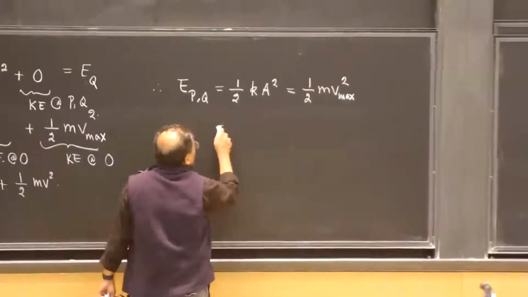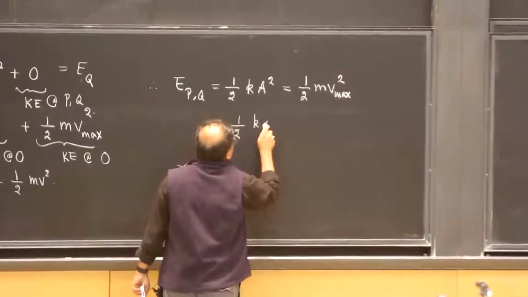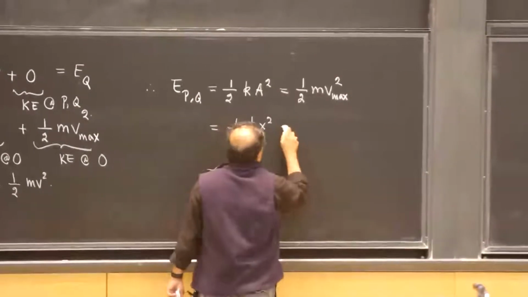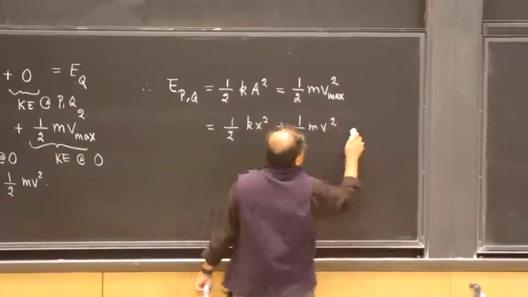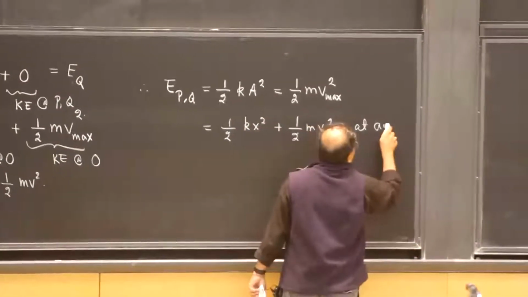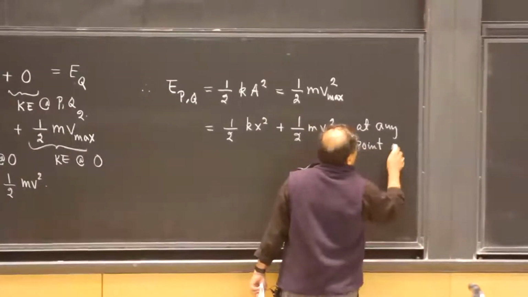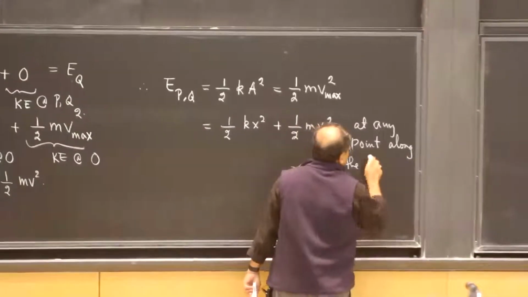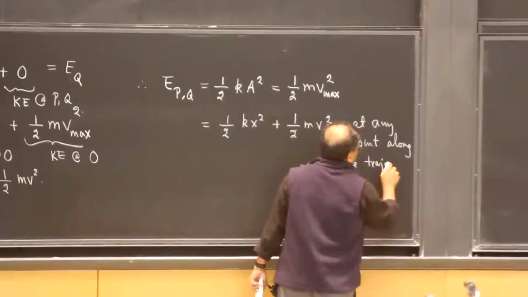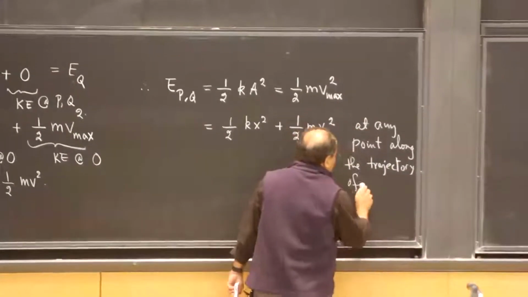And this is also equal to 1/2 kx squared plus 1/2 mv squared at any point along the trajectory. Trajectory meaning path of m.